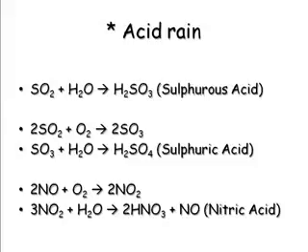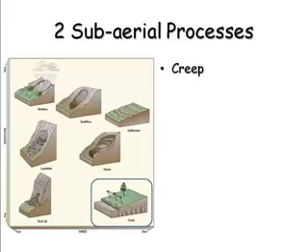They can all react with oxygen in the air and dissolve in rainwater to produce different types of acid. So acid rain tends to be a mix of several different kinds, which will all attack different rocks in slightly different ways.